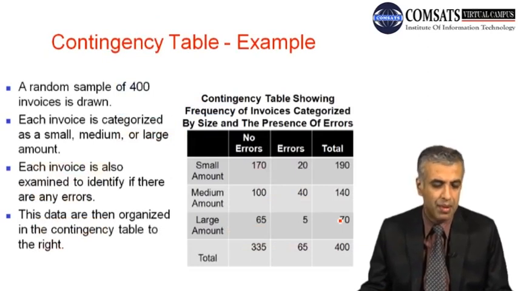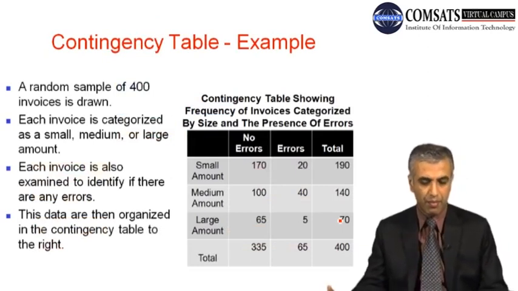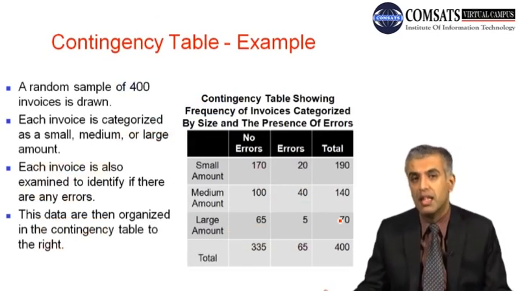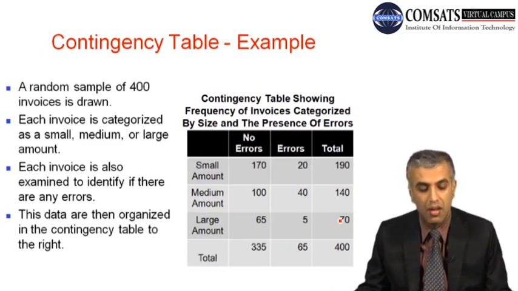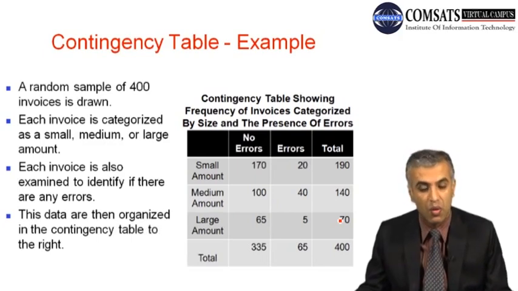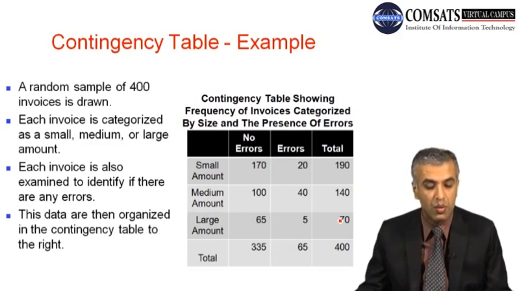This is just an example of how contingency table is presented, how very detailed information is presented in this method, and then we can have a detailed overlook of how to judge the data in this case.